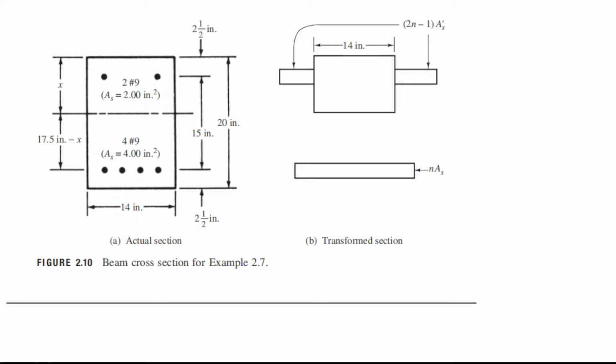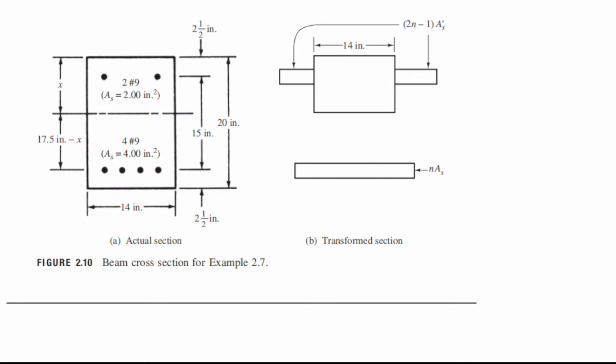What about the reinforcement? Take a look at the bottom reinforcement. We have the area of steel bars, As. What is the size of the steel bars? Number 9, and there are 4 number 9 steel bars at the bottom.